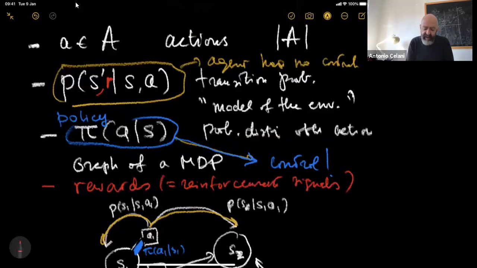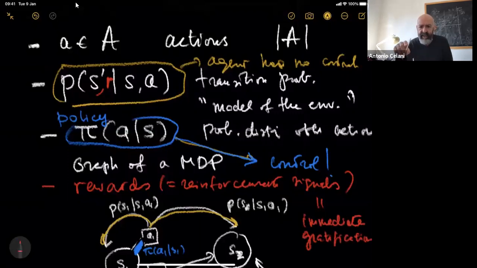Okay, so rewards are immediate gratifications, if you wish. And as we will see in a second, these are not necessarily the goal themselves, okay, in reinforcement learning.